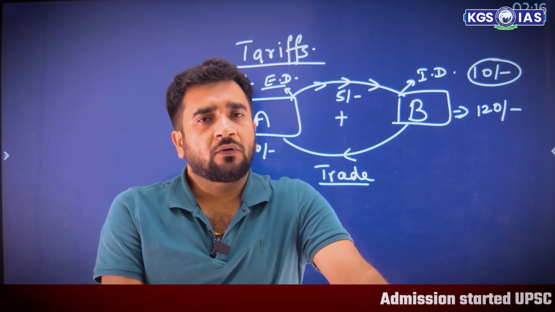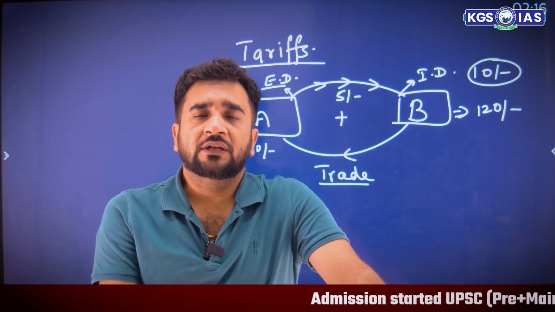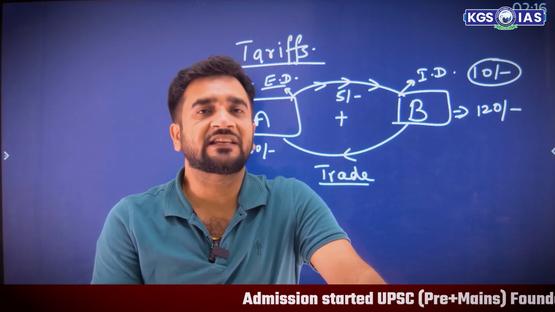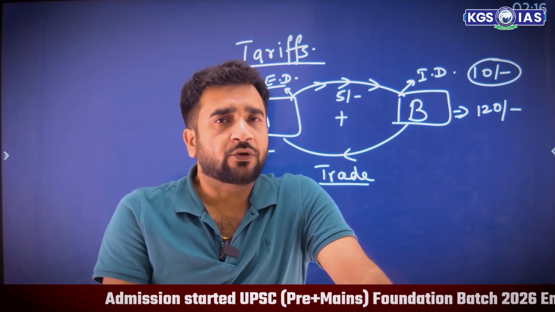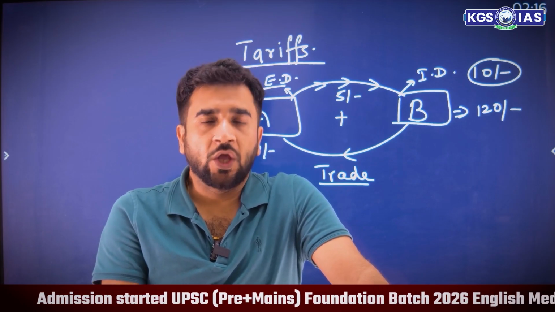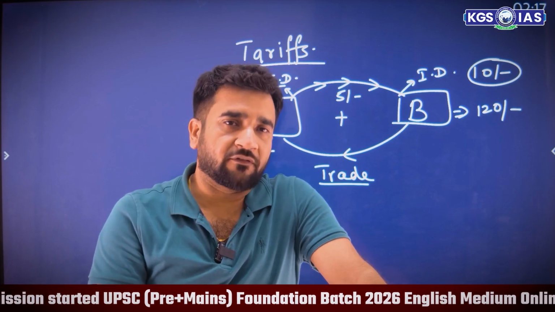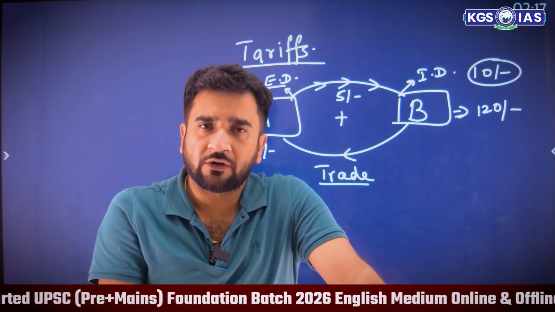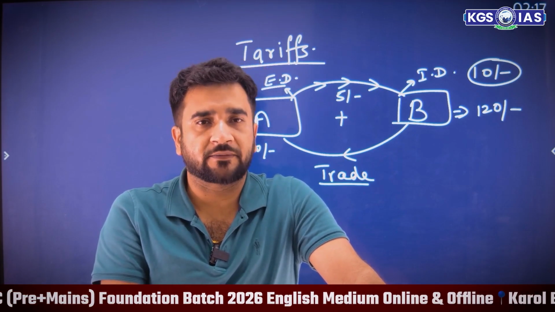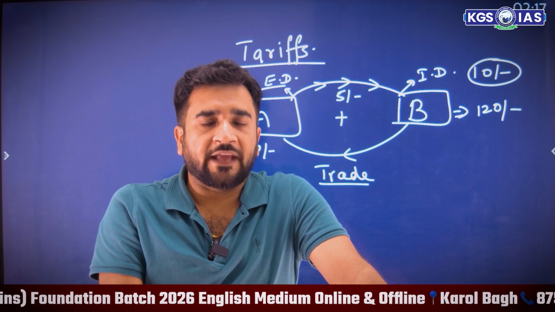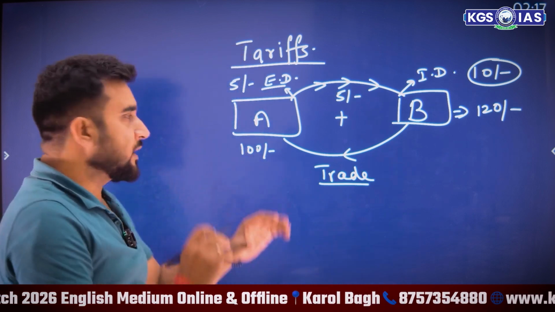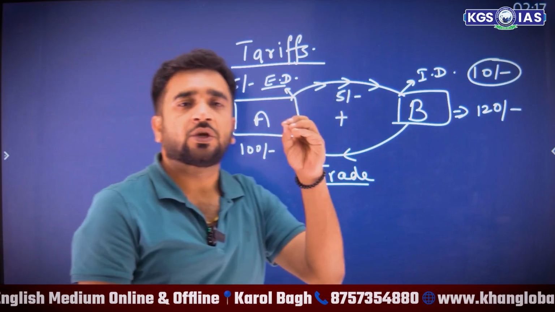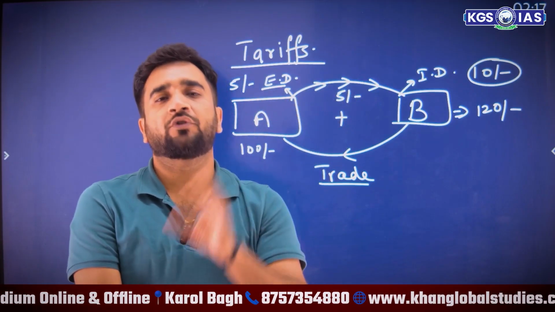Now, these two countries come to an agreement with each other and they say that whatever trade is happening among our countries, we will try to reduce tariffs on that, so that the trade becomes more competitive and the demand increases. Obviously, when the cost reduces, the demand will rise. And hence, they decide that on this particular item, that is the pen, they will reduce the duties to 0, export duty and import duty.